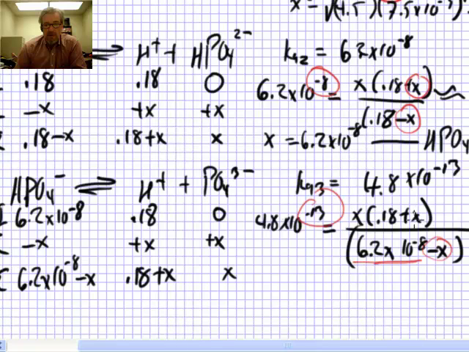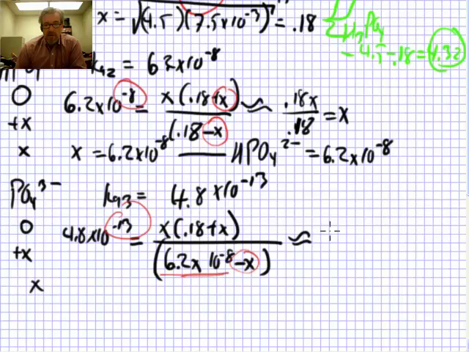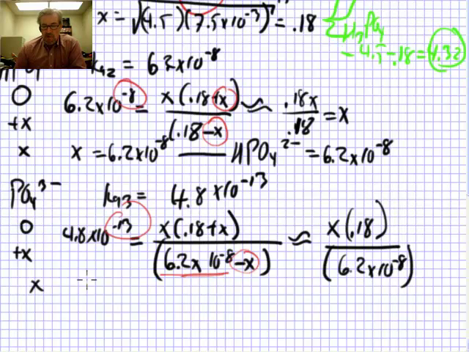So I'm going to say, for now at least, that x times 0.18 is in the numerator, divided by 6.2 times 10 to the minus 8th in the denominator. So I'll multiply both sides by 6.2 times 10 to the minus 8th, and then divide both sides by 0.18, and I will get x. And that works out to 1.7 times 10 to the minus 19th.